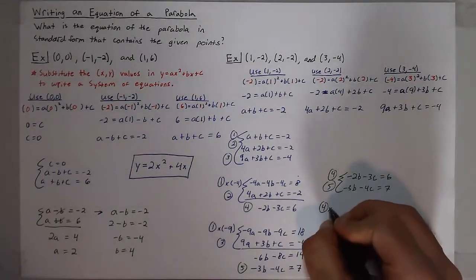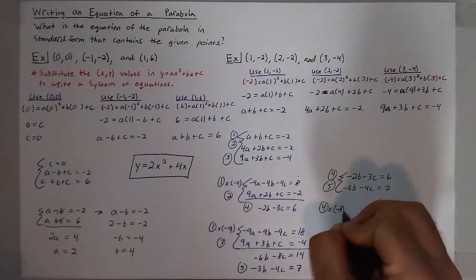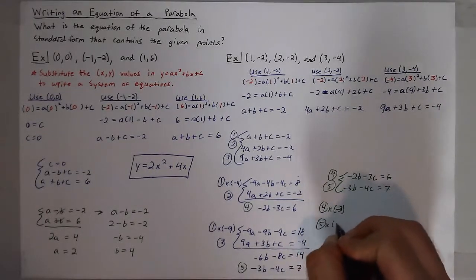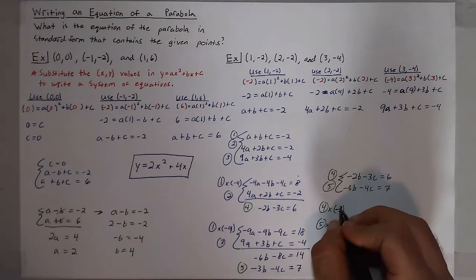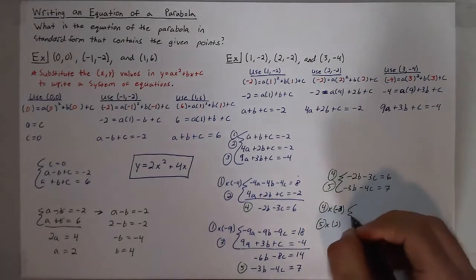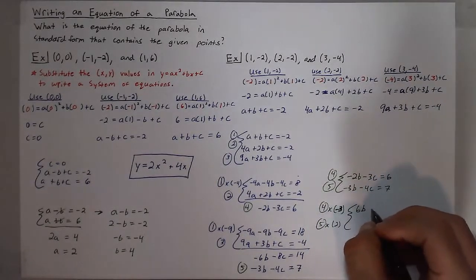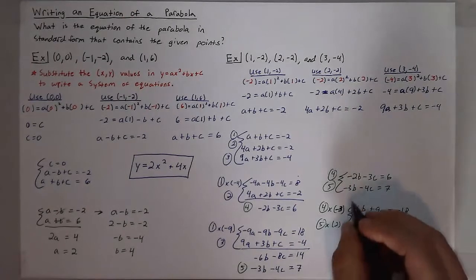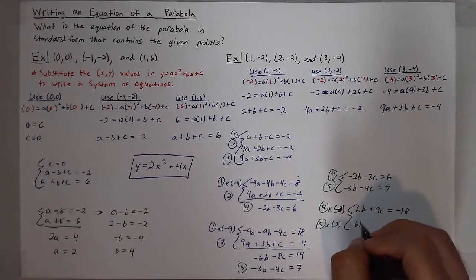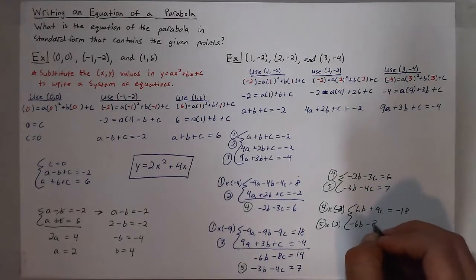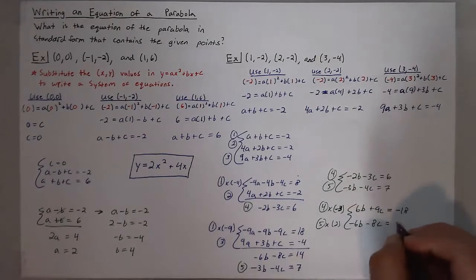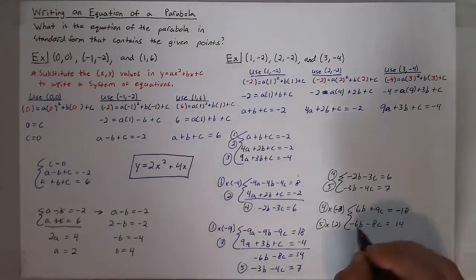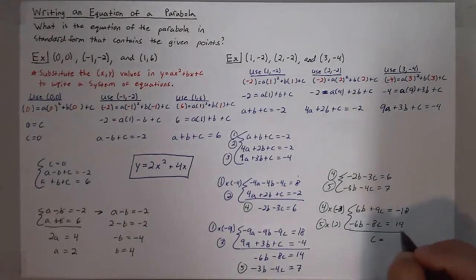So 4 times -3 and 5 times 2 gives me 6b plus 9c equals -18. And then -6b minus 8c equals 14. Add straight down, and I get right away that c is equal to -4.